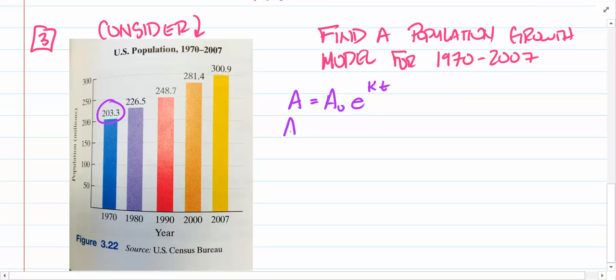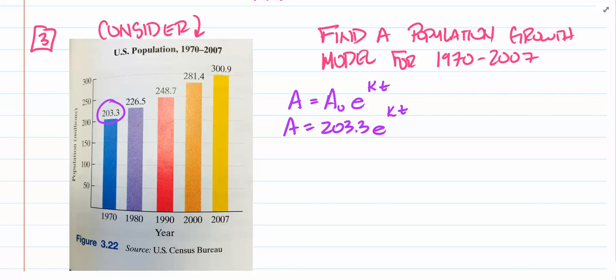So 203.3 million e to the kt. All right, now we need another data point. And since we're being asked to make a model from 1970 to 2007, we're going to use the point at 2007.